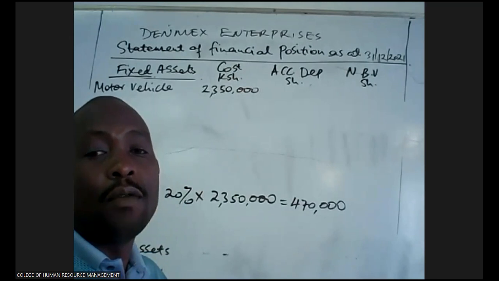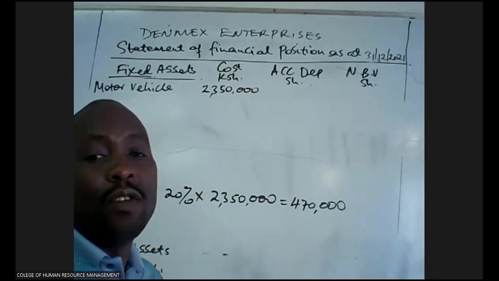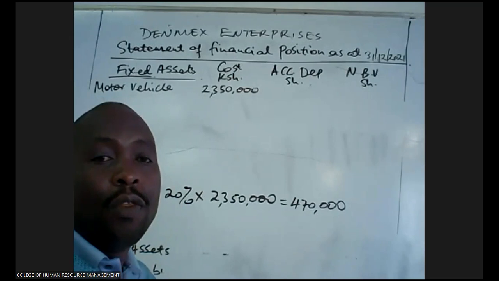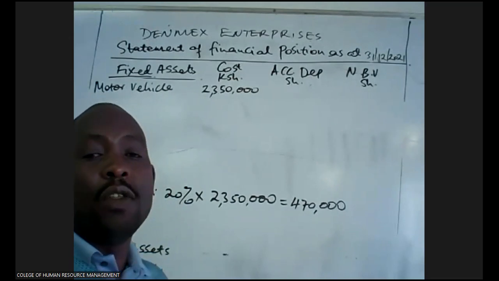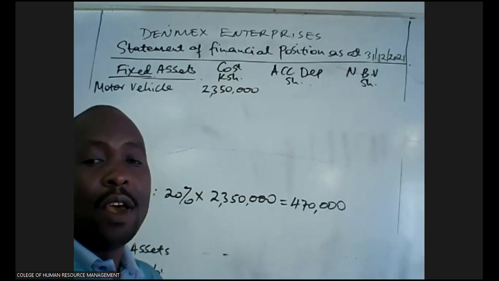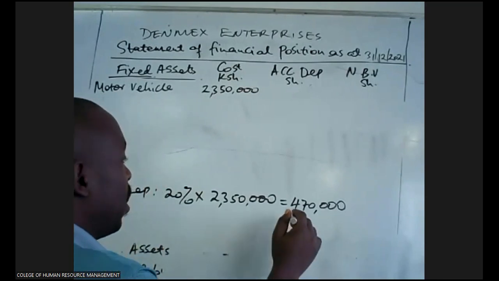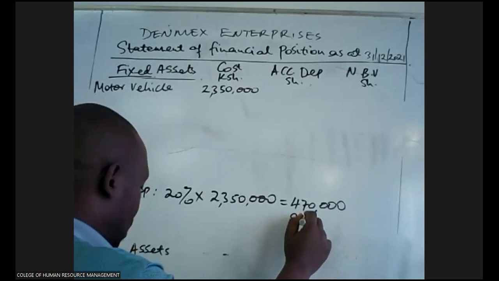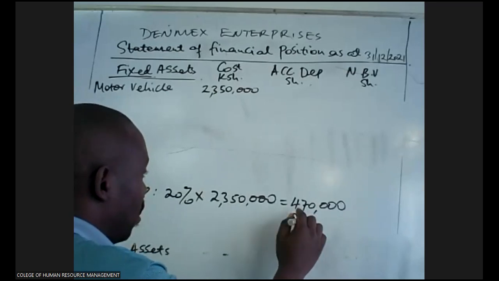Already they had lost 940,000 before the start of this year. So these motor vehicles have been used in the business for several years.